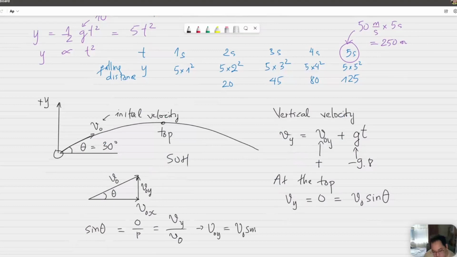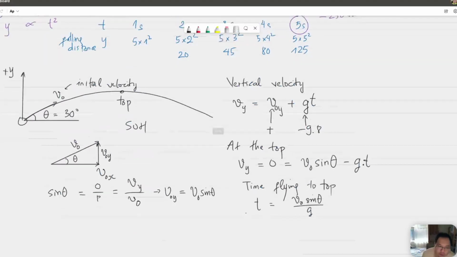V initial multiplied with sine theta, plugging in here, and then minus 9.8 for g, minus g times t. Therefore we can find the time flying to the top. Moving this to the left, negative divided by negative becomes positive, so it is V0 times sine theta divided by g.